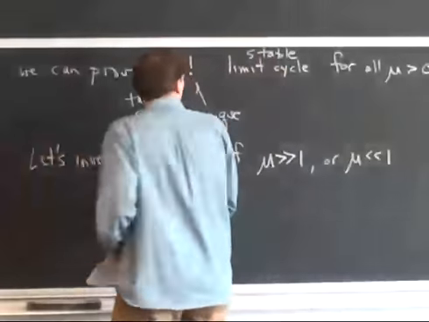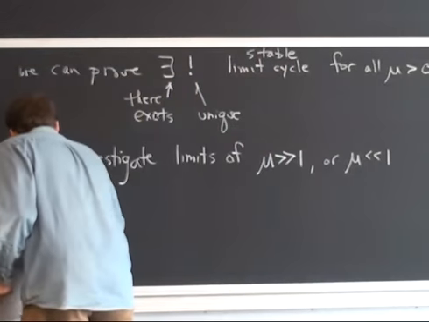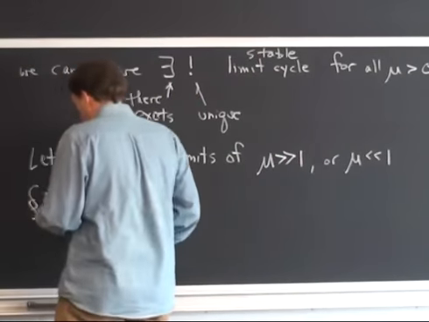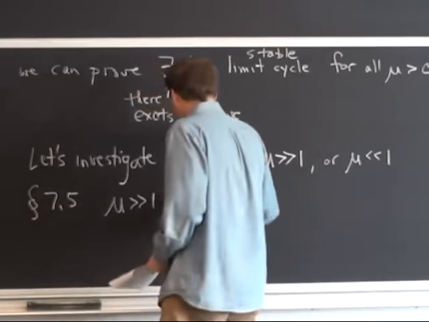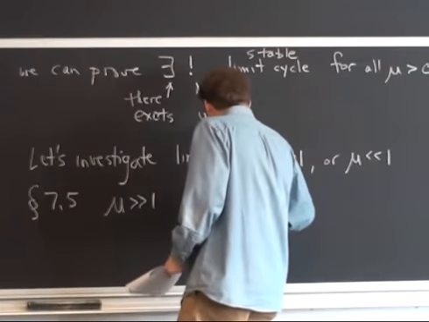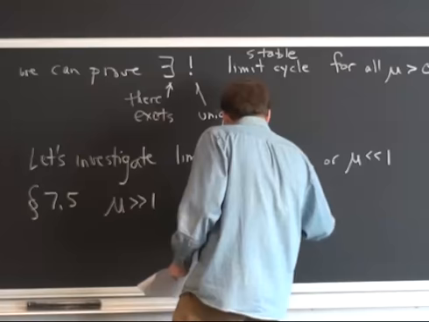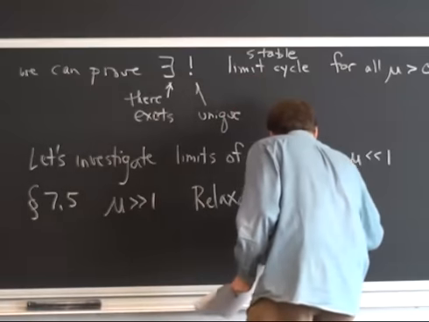So section 7.5 in the book is about the case of mu large, which leads to phenomena that are called relaxation oscillations.